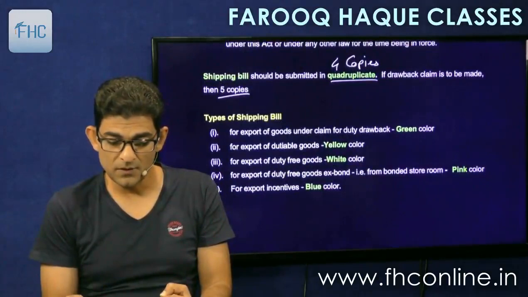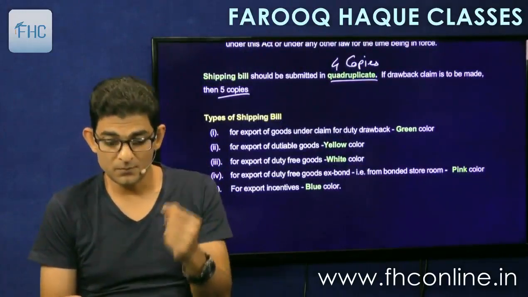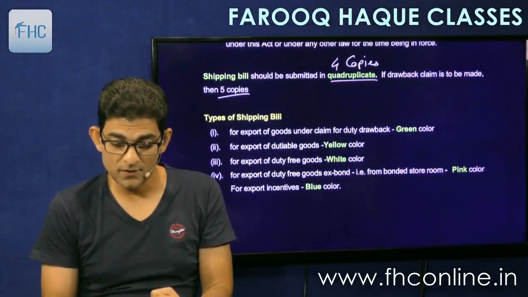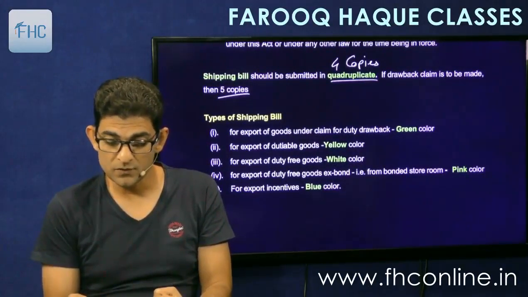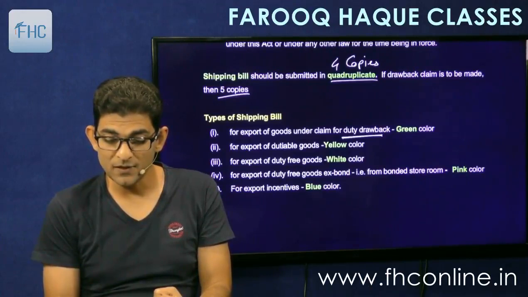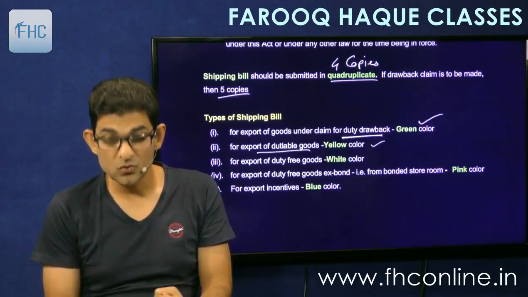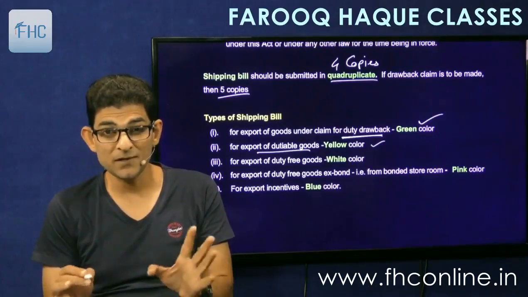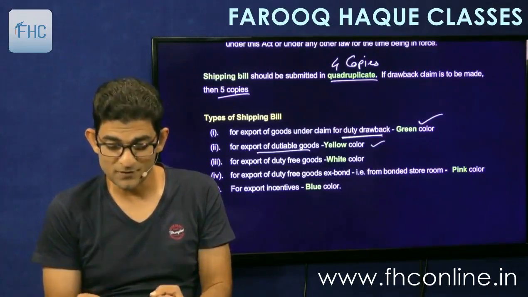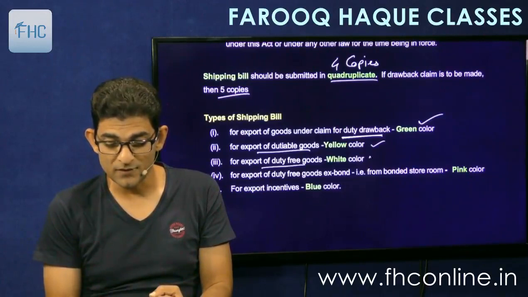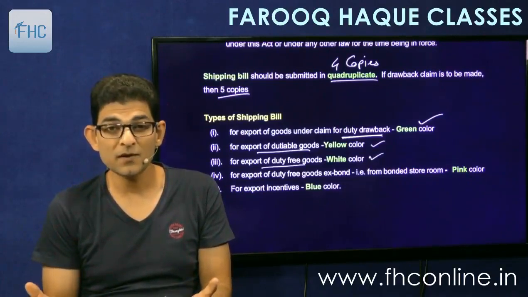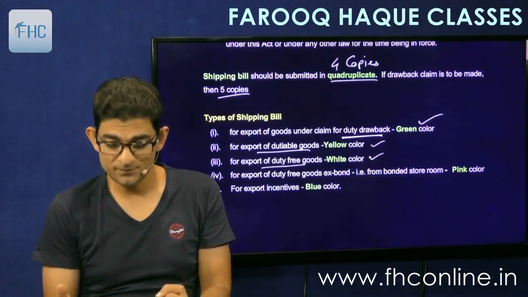And types of shipping bill, types means the colors, the 5 types are. First will be for export of goods under duty drawback, green color. Export of dutiable goods, then yellow. Now I don't remember the colors, but you do. You have to give the exam. Duty free goods, then white color, which will be normal because there are hardly any export duty goods.